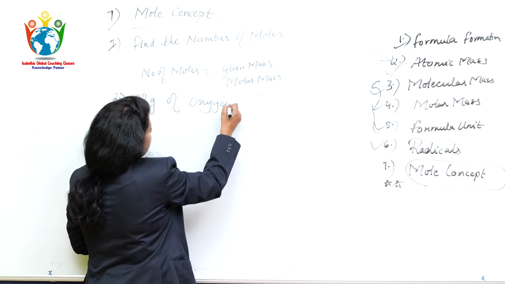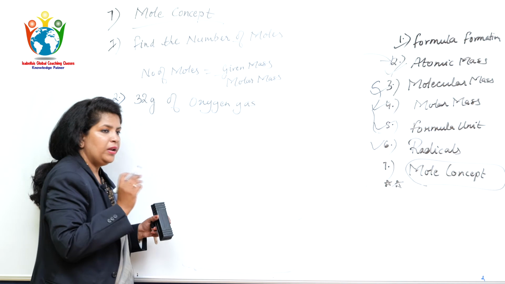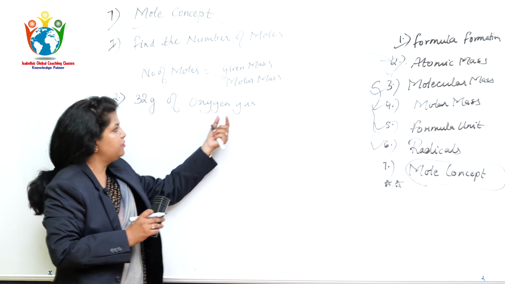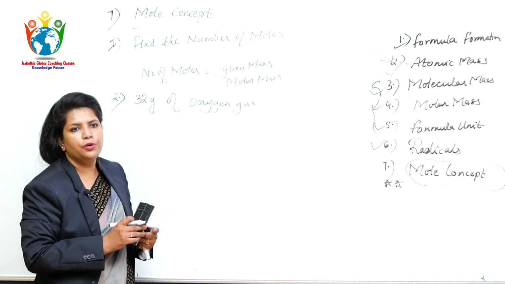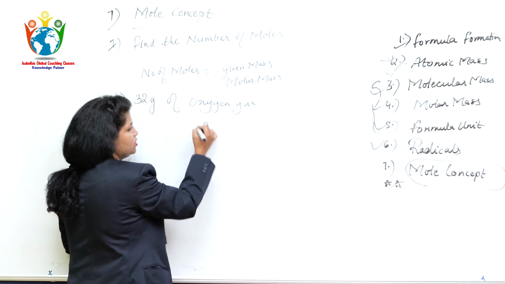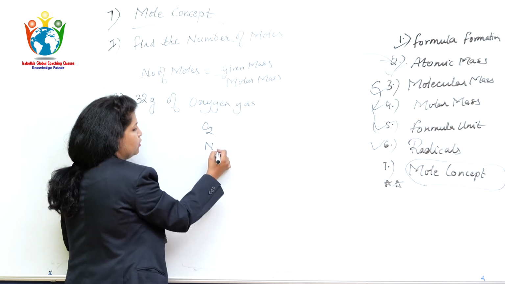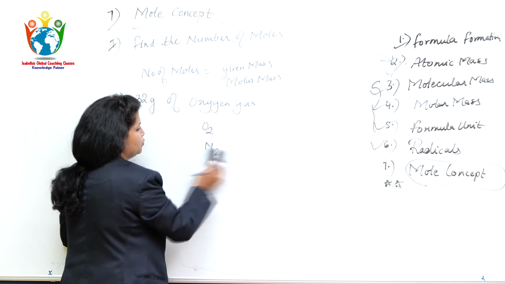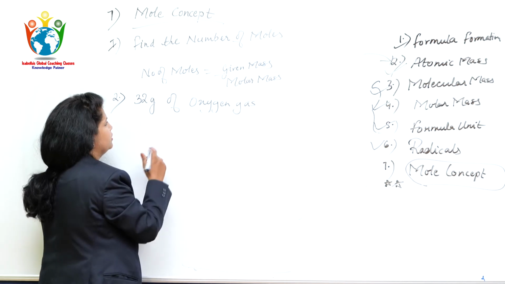Now here again the thing comes. Whenever you are given an element and after that gas is written, whatever the element is, you need to multiply by 2. That is, if I am writing oxygen gas, O2. If it would be nitrogen gas, N2. If it is chlorine gas, Cl2. So 32 gram of oxygen gas.